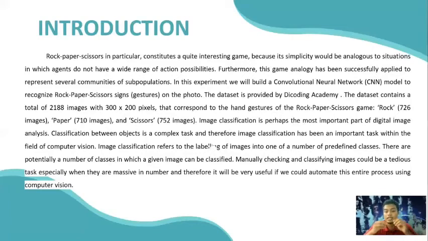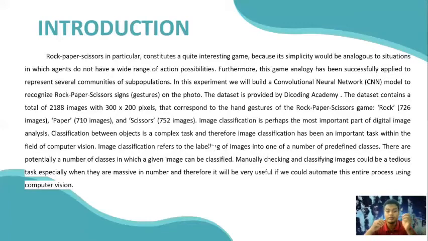Image classification is the most important part of digital image analysis. Classification between objects is a complex task. Therefore, the image classifier has been an important task within computer vision. Image classification refers to labeling images into a number of predefined classes.